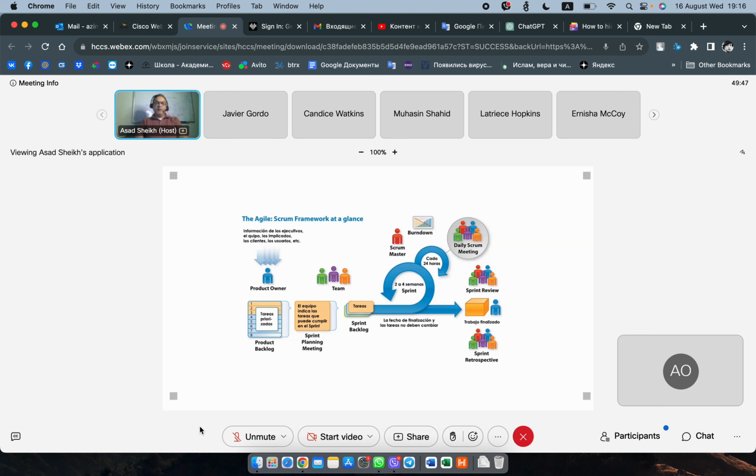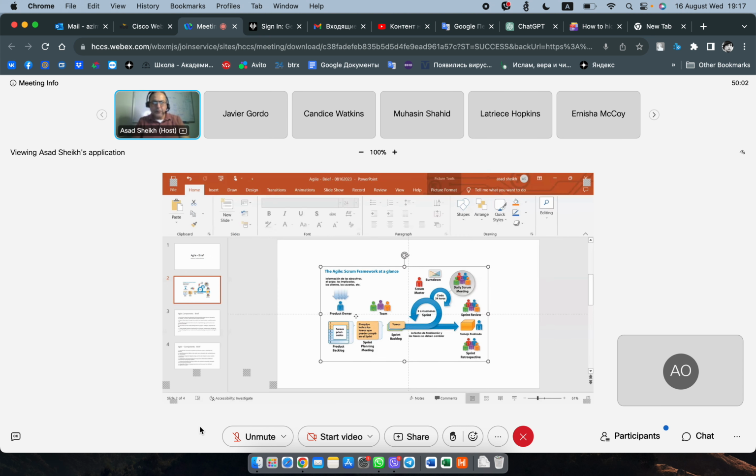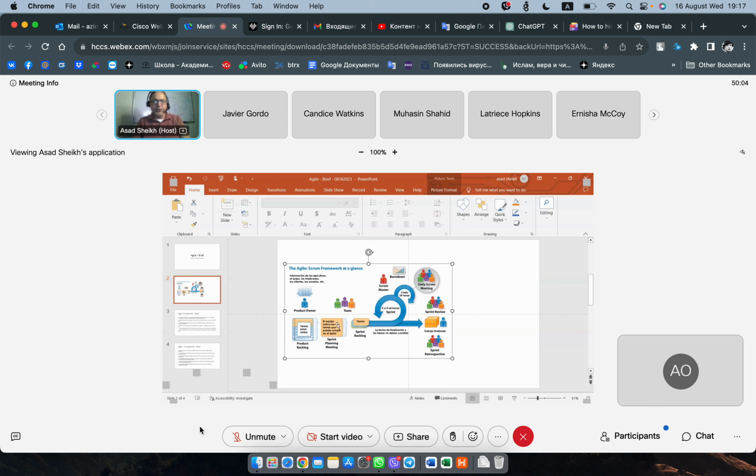There are two versions of what we're going to learn today. One is this brief version, and the other is going to be version 2, the second version. This is the first version.